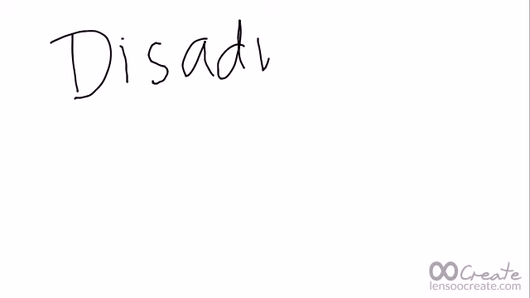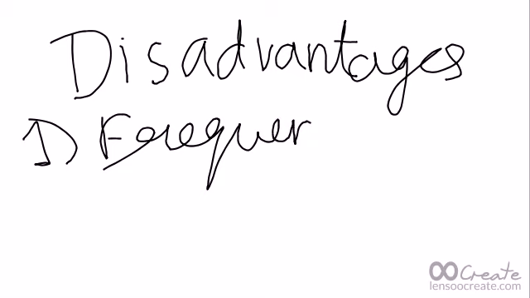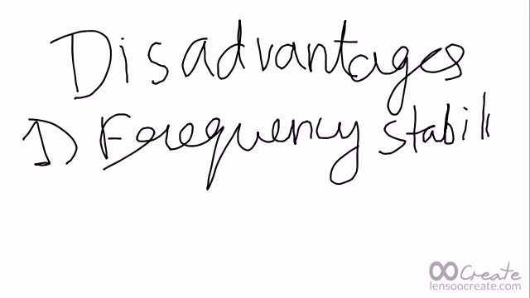So what are the disadvantages? Your first disadvantage is frequency stability. Basically frequency stability is limited by the LC tank circuit. Where are we using the LC tank circuit? In the RF oscillator.